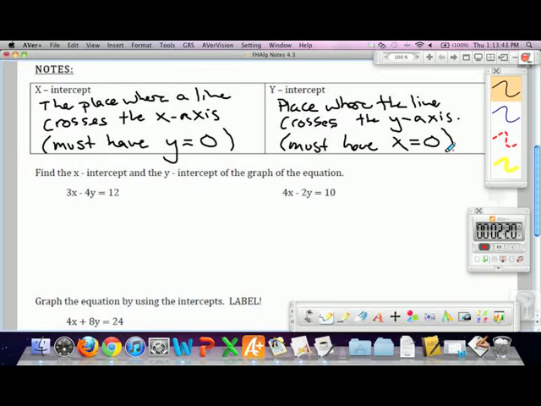Well, let's actually use that to help us out. If I ask you to find the x-intercept, what do we know about the x-intercept? Y equals 0. So if I ask you to find the x-intercept, that's telling you set y to be 0 and figure out what x is.